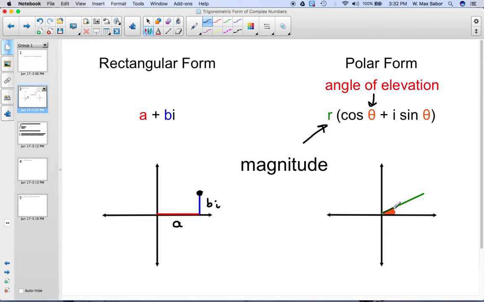So this means rather than going right and up, we'll say, okay, the distance from the origin is r, and then we're going to rotate this many degrees from the positive x-axis in order to get to this polar coordinate.